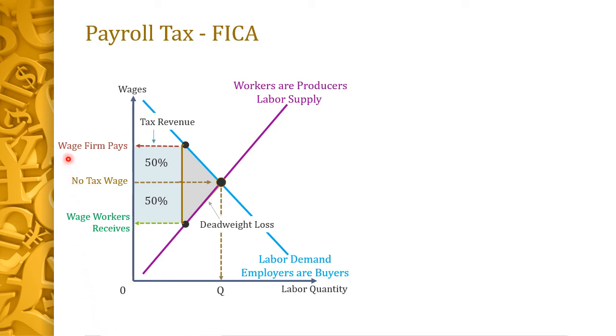I do want to take a quick conversation on this one, because sometimes people don't understand why the dots are so much higher. Why would the firm be higher than the no tax wage? Well, that's because anything that the firm pays for you to be employed is considered to be part of your wages. So FICA is considered to be part of your wages.